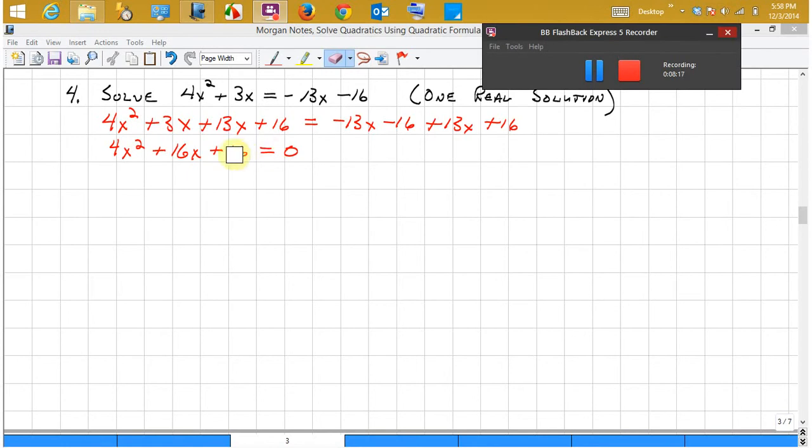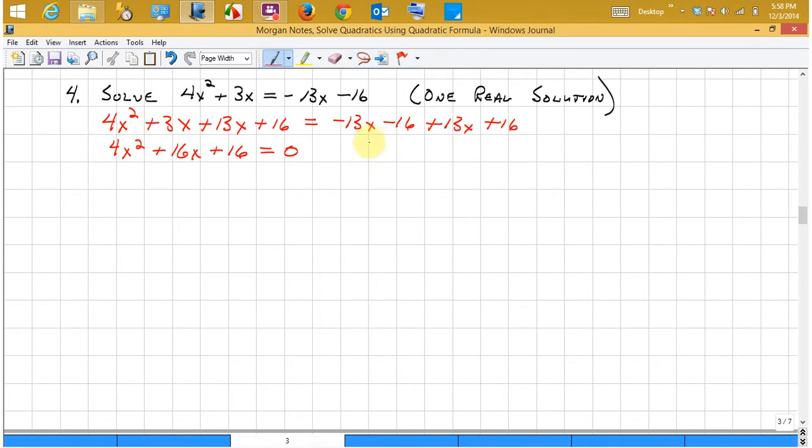So if I wanted to, right now, I could specify a, b, and c, and a would be equal to 4, b is 16, and c is 16. But if I factor a 4 out and divide both sides by 4, I would have x squared plus 4x plus 4 equal to 0.